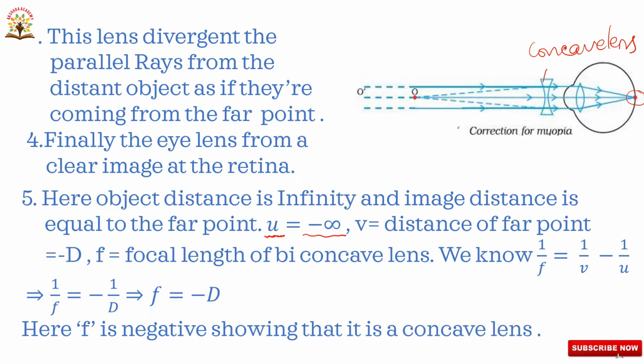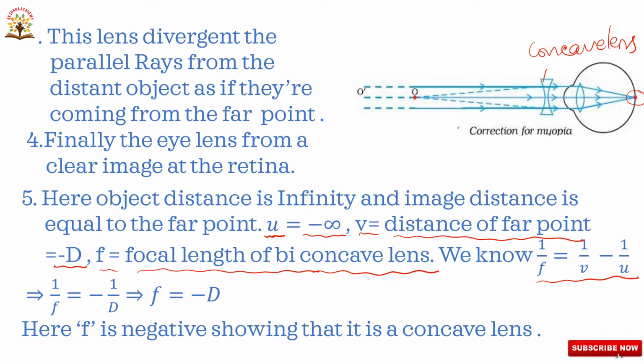Here v denotes the distance of the far point, that is minus d, and f denotes the focal length of the biconcave lens. 1 by f is equal to 1 by v minus 1 by u. This is the lens formula.